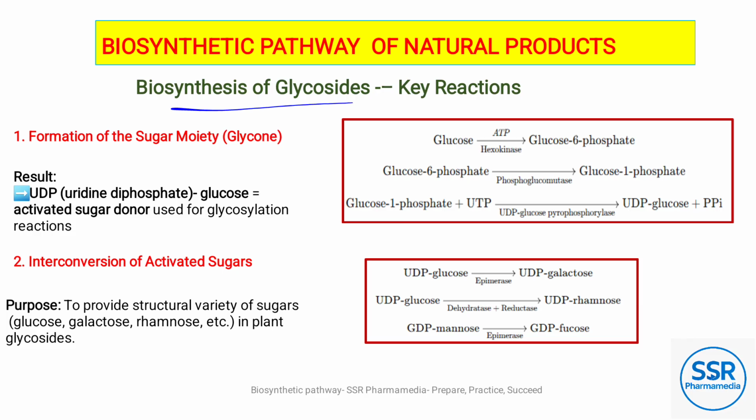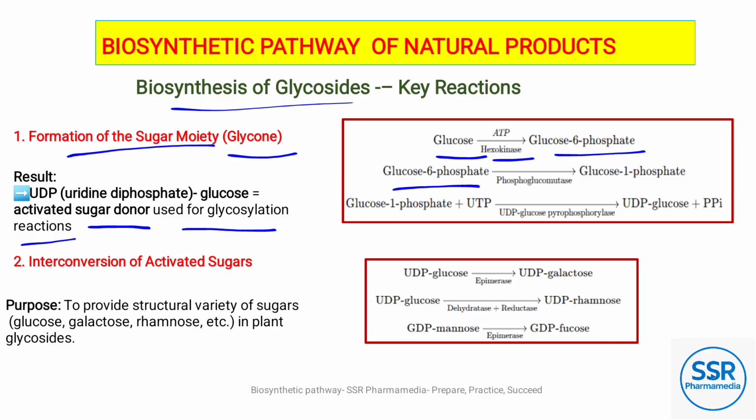Next, the biosynthesis of glycosides, and the key reactions we'll discuss. The first step is the formation of the sugar moiety, that means the glycone part. In this, the first is uridine diphosphate glucose, an activated sugar donor used for glycosylation reactions. Glucose, in the presence of ATP and hexokinase, is converted into glucose 6-phosphate.